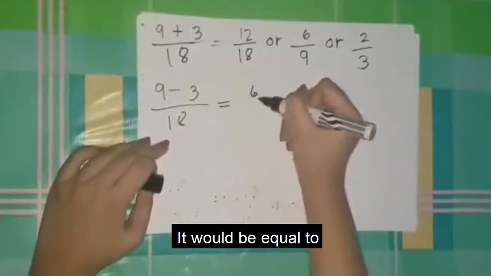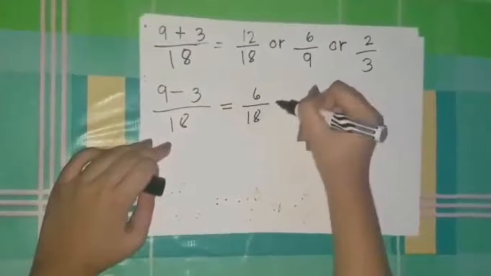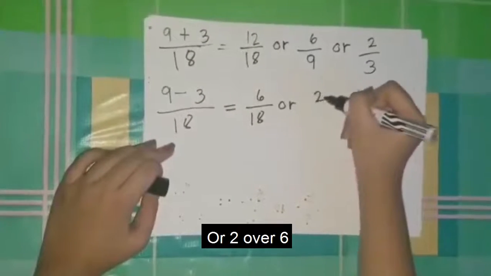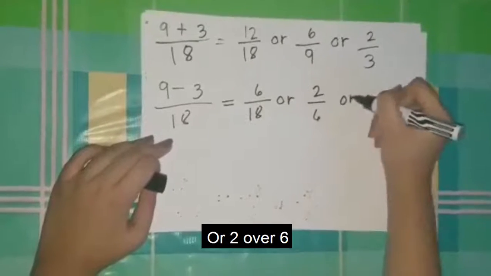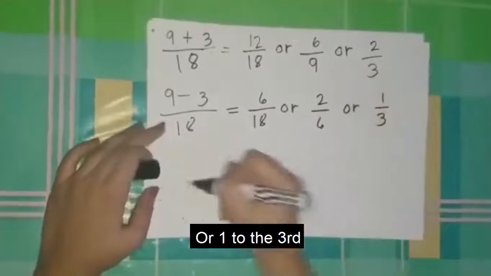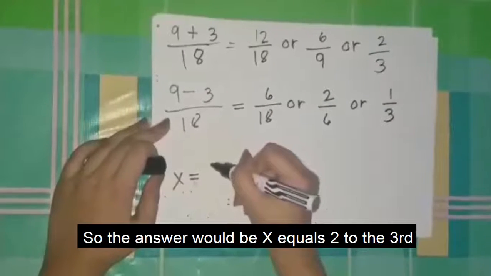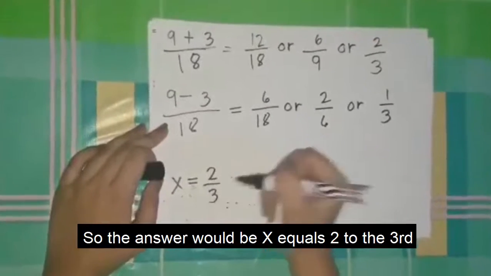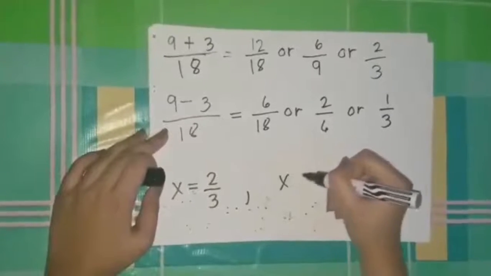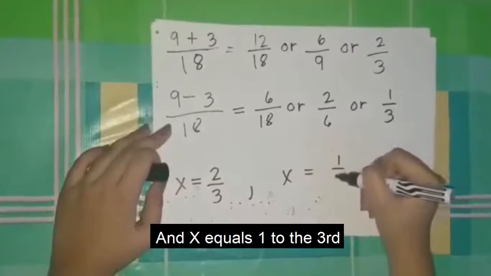It would be equal to 6 over 18, or 2 over 6, or 1 third in lowest terms. So the answer would be x equals 2 thirds and x equals 1 third.